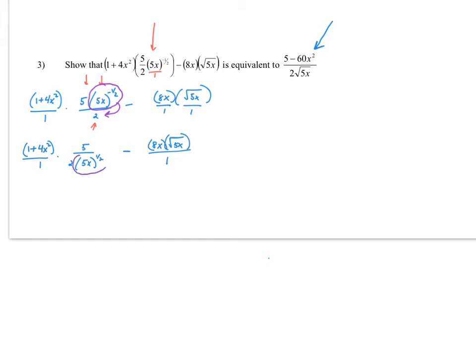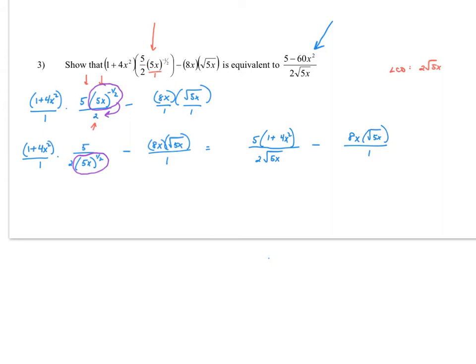This means the square root of 5x. So now we're going to rewrite. In the numerator, we have 5 times 1 plus 4x squared. And in the denominator, we have 2 radical 5x. We're still subtracting all of this stuff over here.